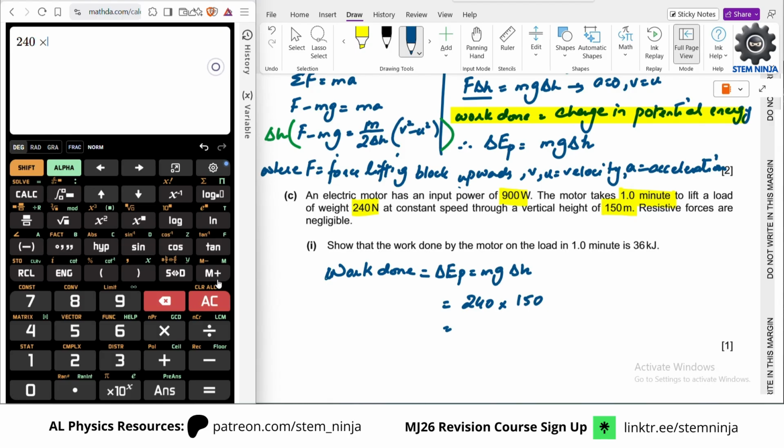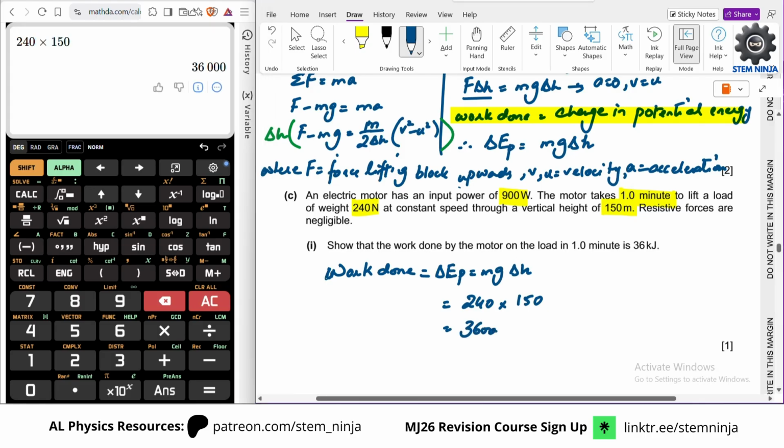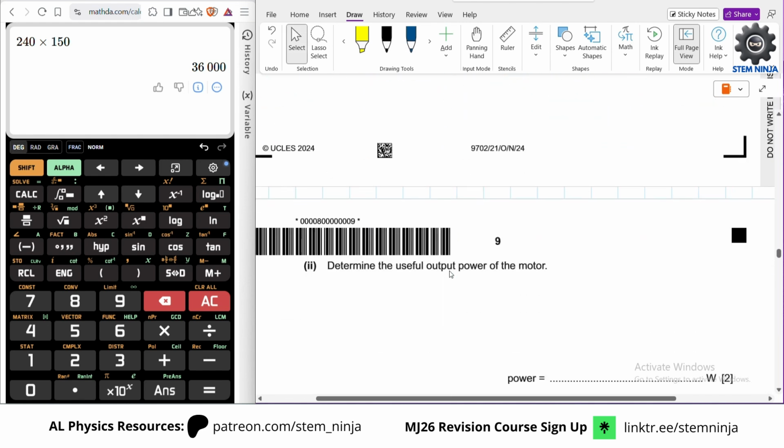So 240 times 150 is 36,000 joules, which is 36 kilojoules. Simple, straightforward. Determine the useful power output of the motor.